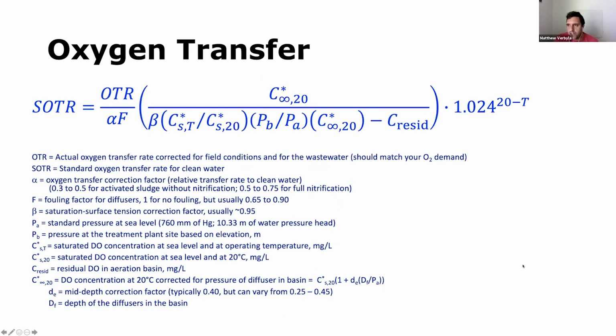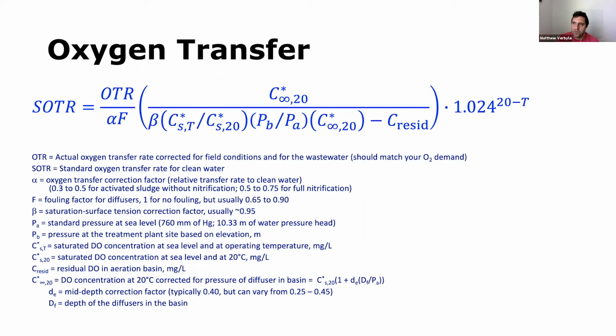Another important equation to apply during the design of biological treatment systems is the oxygen transfer rate. All right, so SOTR, which is the standard oxygen transfer rate for a clean water source. So we're bubbling air into the wastewater.